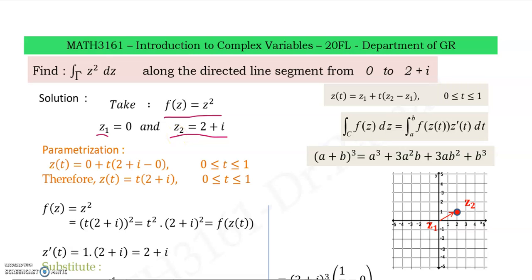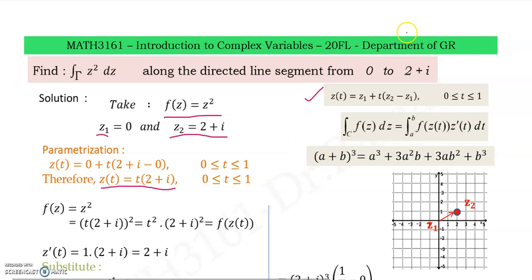Okay. Now you see here how to write the parameterization. This is the rule. We just apply the rule. So z of t is equal to, what is z1? z1 is here 0. So 0 plus t times, that is the rule, t times z2 minus z1. That is z2 is 2 plus i minus z1 is 0. So what you will get, z of t is t times 2 plus i. Okay.